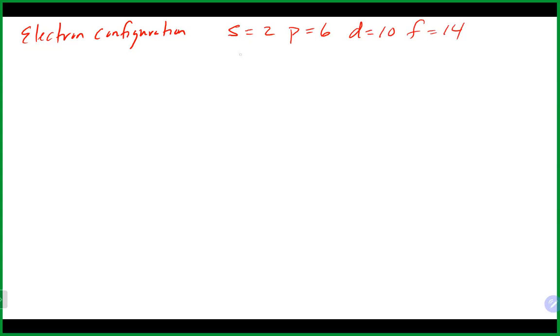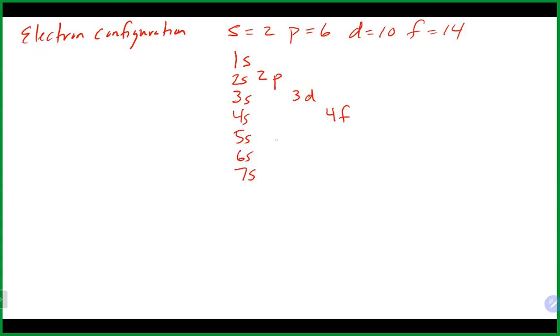And you can recreate the order in which they go into the atom by just remembering that on the first energy level, there are only s's. On the second energy level, there are p's. On the third energy level, there are d's. And on the fourth energy level, there are f's. And then you just fill in the numbers underneath each of those, and you recreate the order with the appropriate letter.